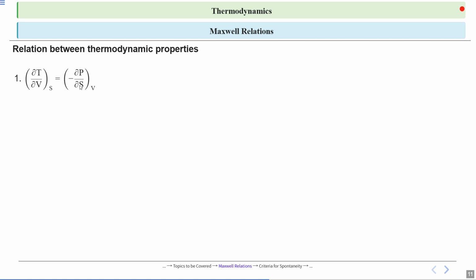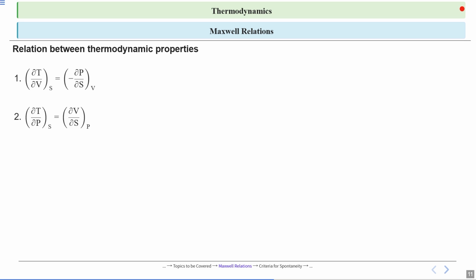S is the denominator on the right hand side, so we take S as the constant on the left hand side. Similarly, on the left hand side, volume is present in the denominator, so we take volume as the constant on the right hand side. Next you have to consider the sign. If you see a P by S or S by P, you take it as negative. So you have a P by S term, you took it as negative.